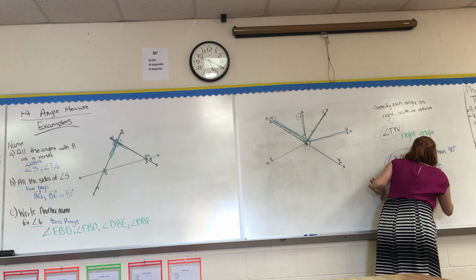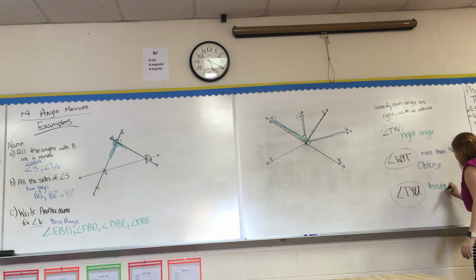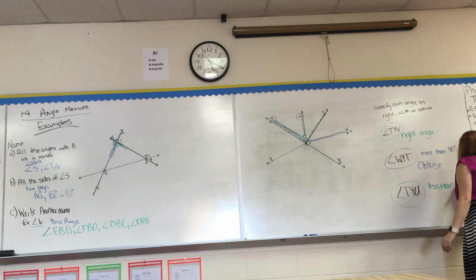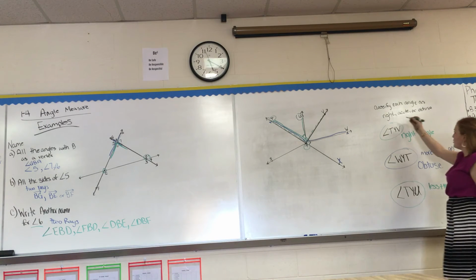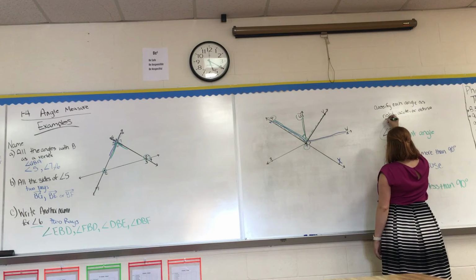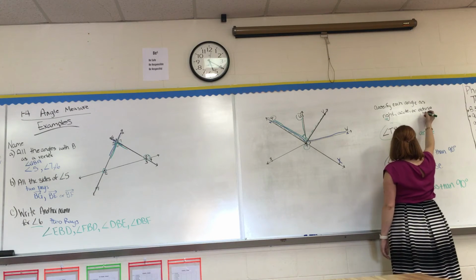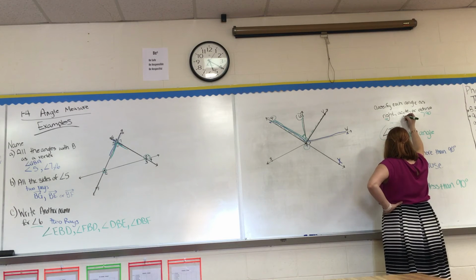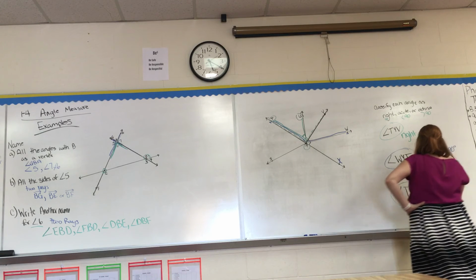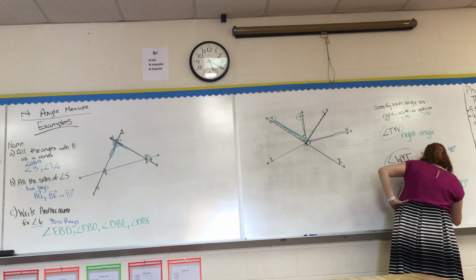Less than 90. What does less than 90 mean? If obtuse means more than 90, and right is 90, then what is acute? Less than 90. So less than 90 is acute.